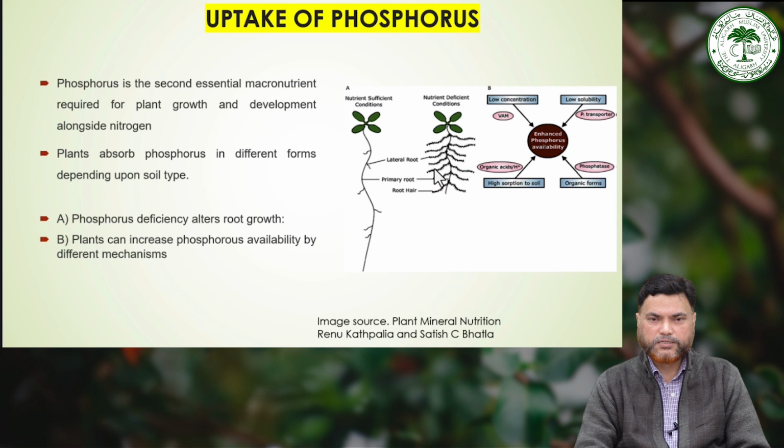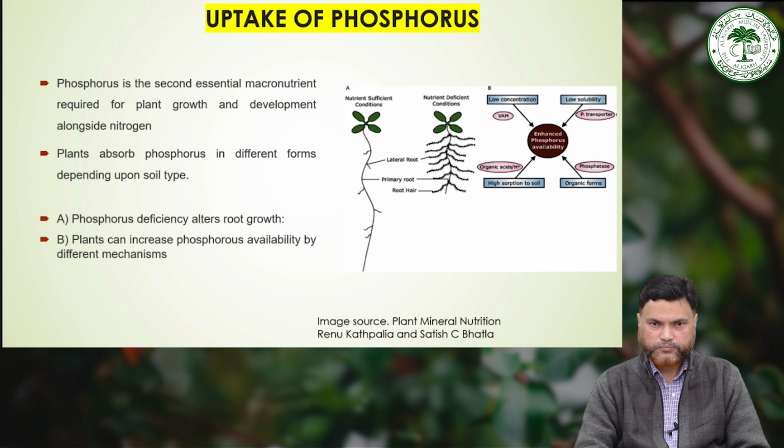Basically phosphorus deficiency affects root growth in plants, especially the primary roots. Elongation of primary roots is generally inhibited. However, the density of lateral roots and root hairs generally increases. So this is a sort of compensatory mechanism by the plants to improve phosphorus uptake from the soil.